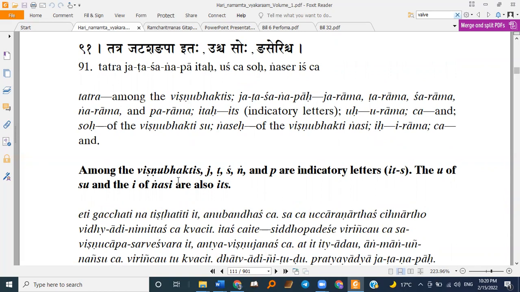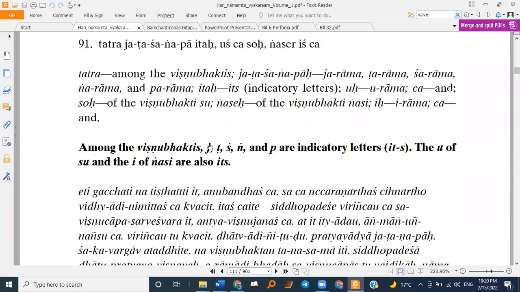Among all those 21 Vishnu Bhaktis, Ja, Ta, Sha, Ng, and Pa are indicatory letters. These are the letters which were in the brackets.